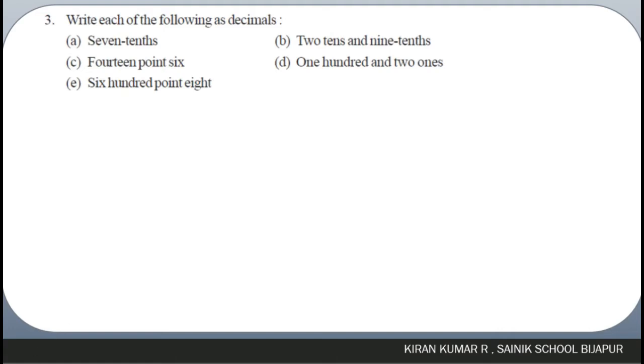Question 3. Write each of the following as decimals. First one is 7 tenths. So what does 7 tenths refer to? 7 multiplied by tenths, which is 1 by 10, so it is 0.7.